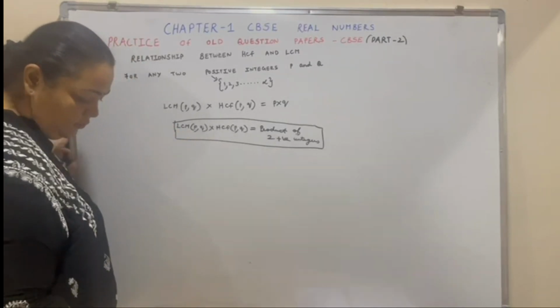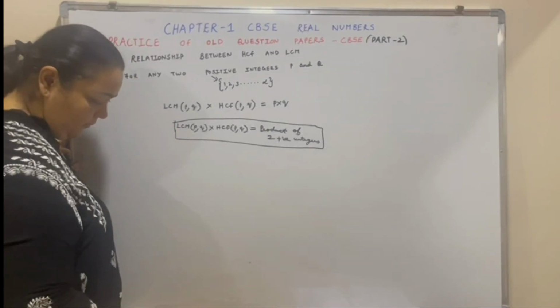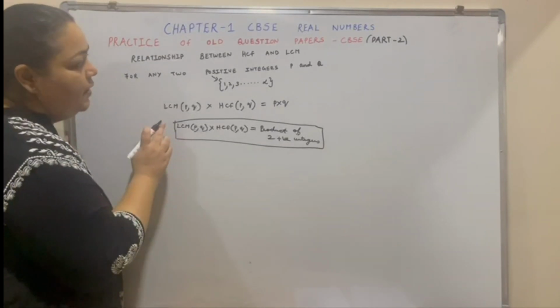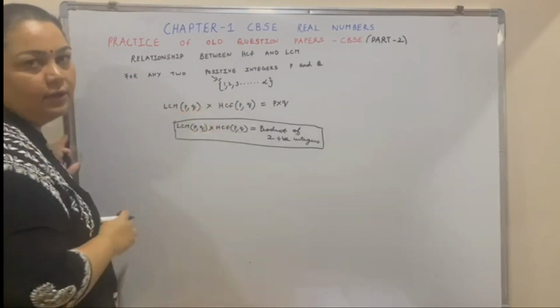So this formula you should know: LCM into HCF is equal to p into q.